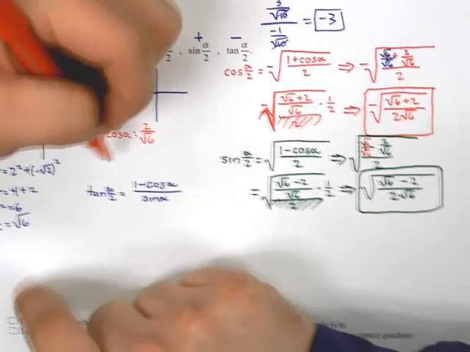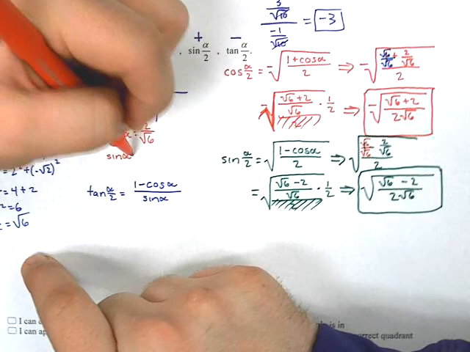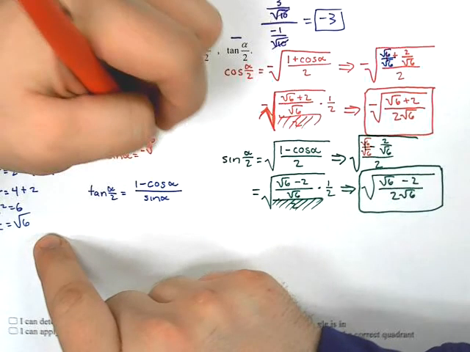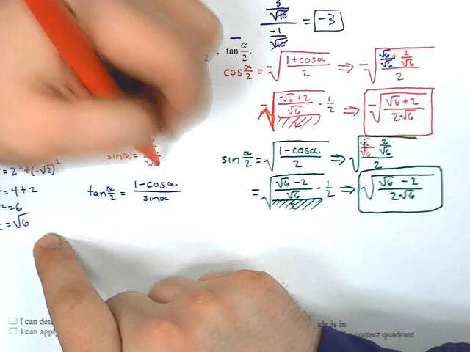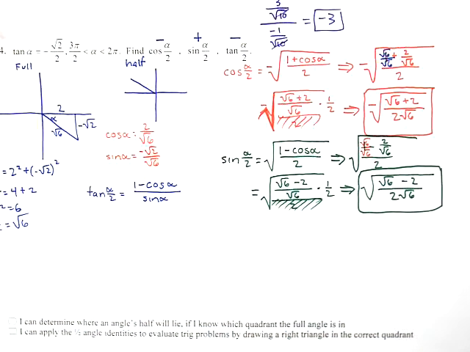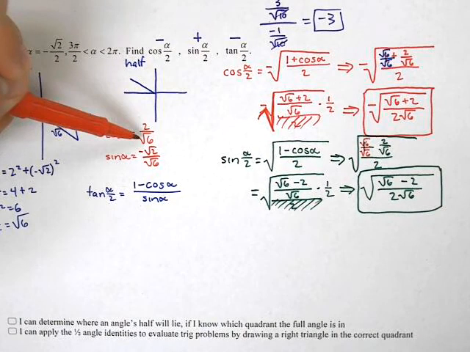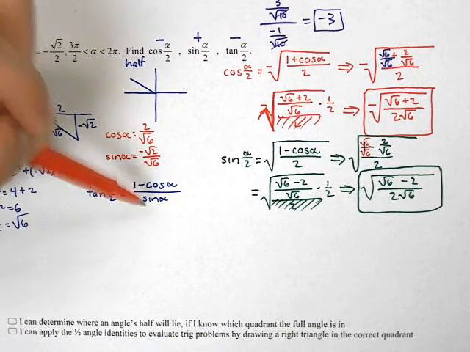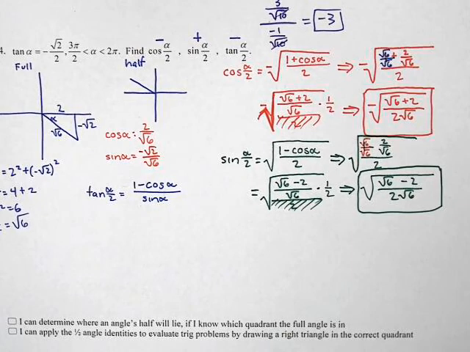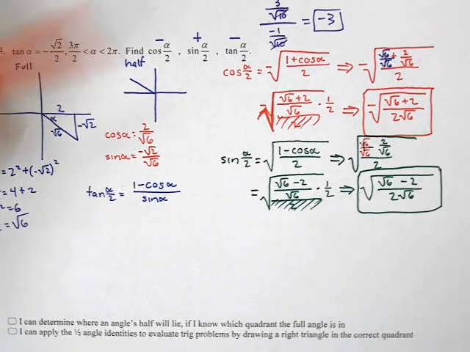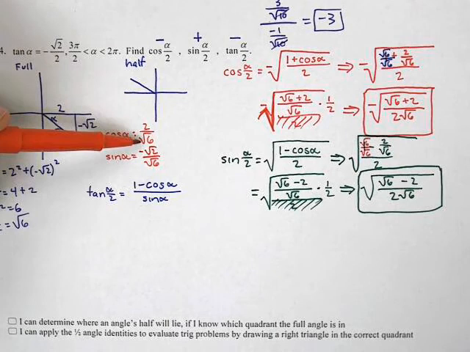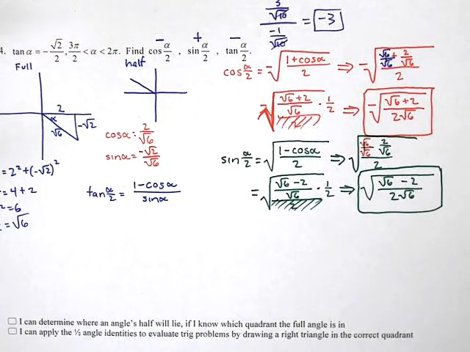Sine here is going to be negative root 2 over root 6. And usually I would say to simplify this, guys, but I think I'd rather keep these both as denominators of root 6, because then I think the denominators will cancel in a couple of steps. So hopefully that makes sense, that I do not want you simplifying this sine.